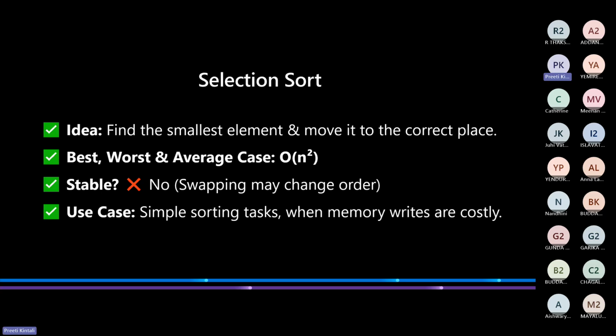Now, is it stable? No. Swapping here may change order, because even if the swapping is not necessary, the swapping happens. So we won't say this is a stable algorithm. This is also used in simple sorting tasks when memory writes are costly.